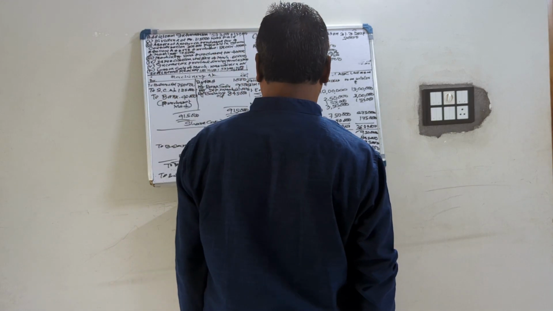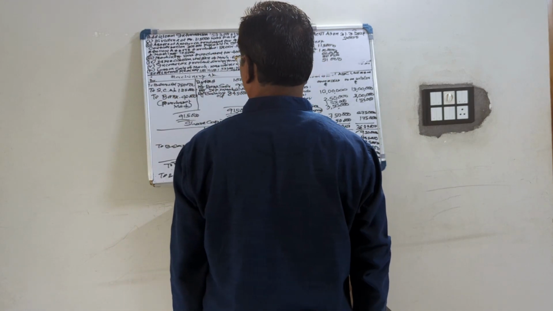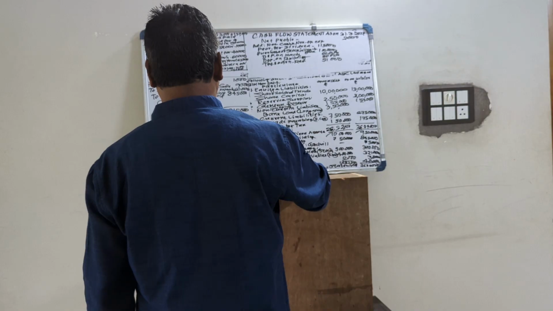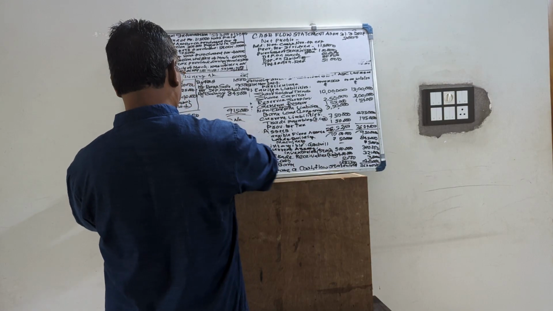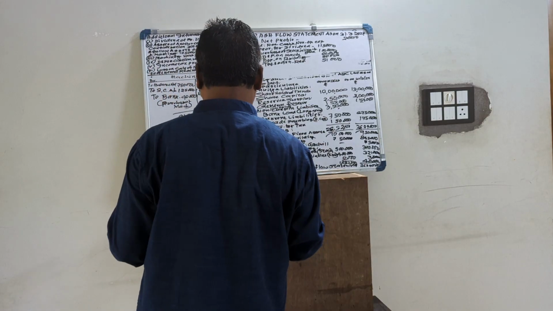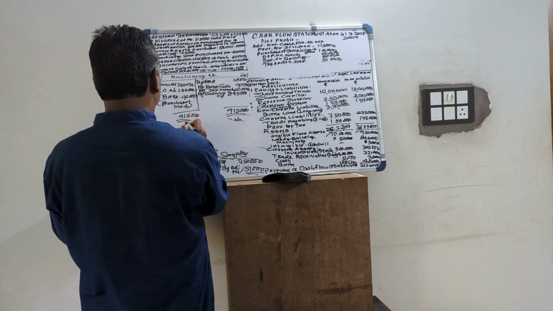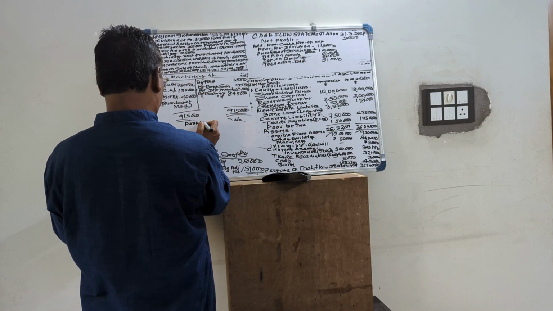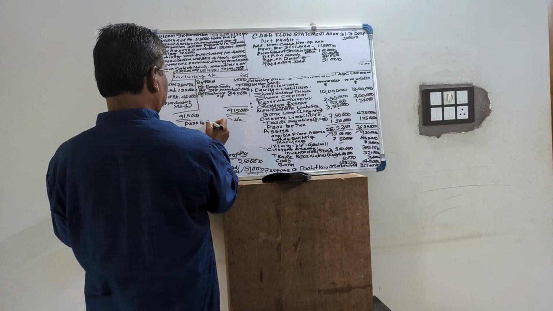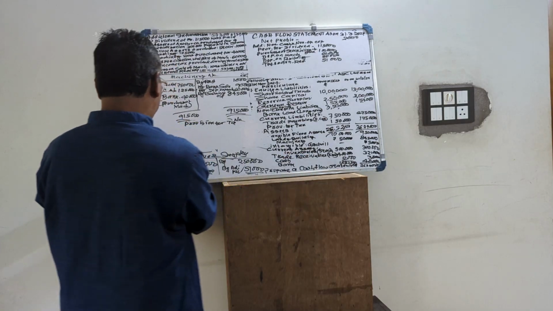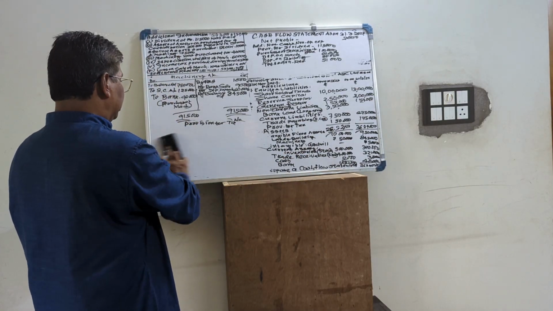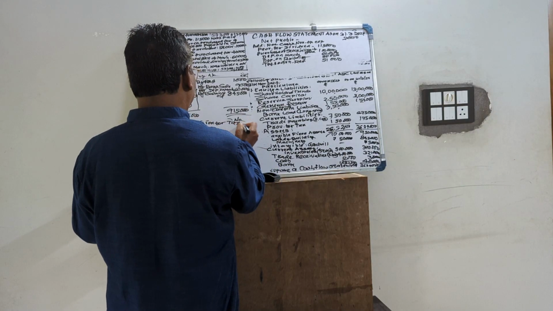Then provision for tax we have to calculate. Provision for tax is a liability, that is current liability we will consider.